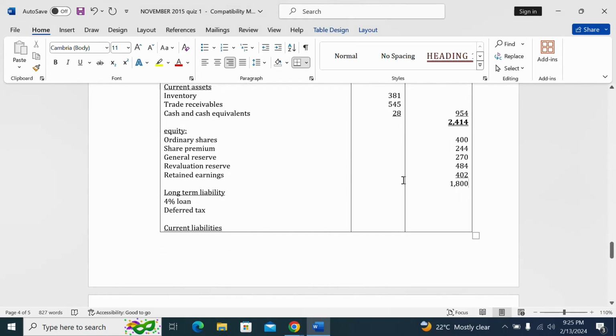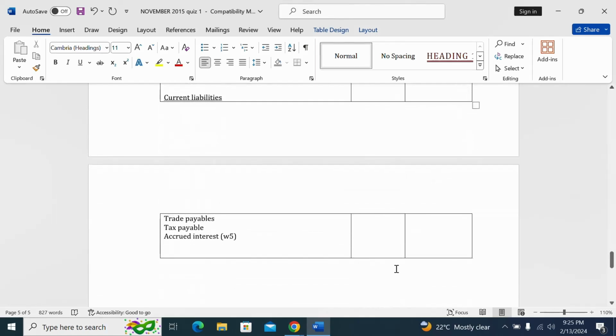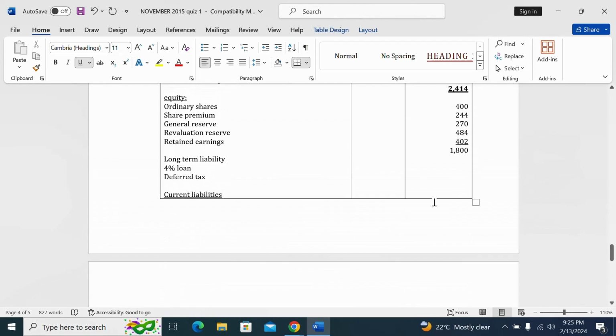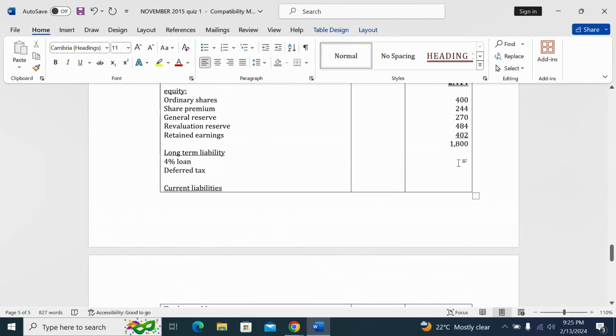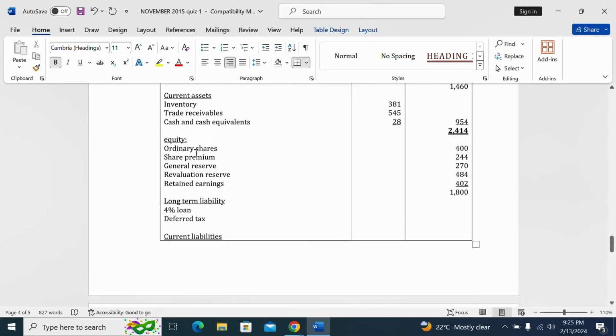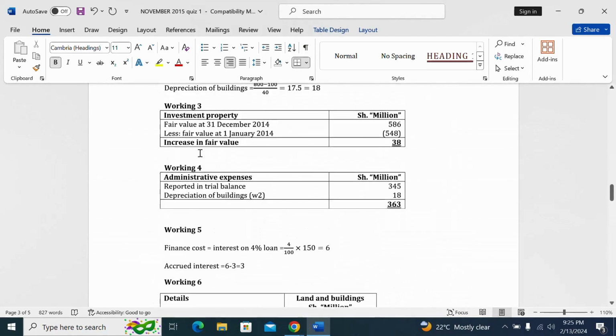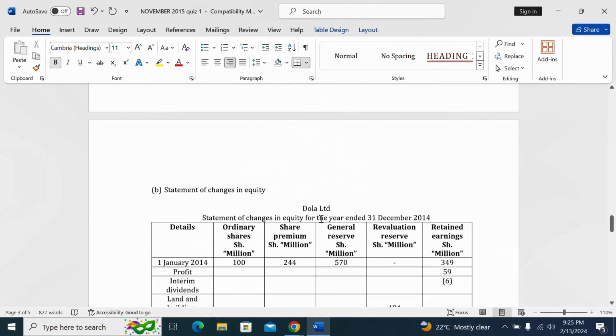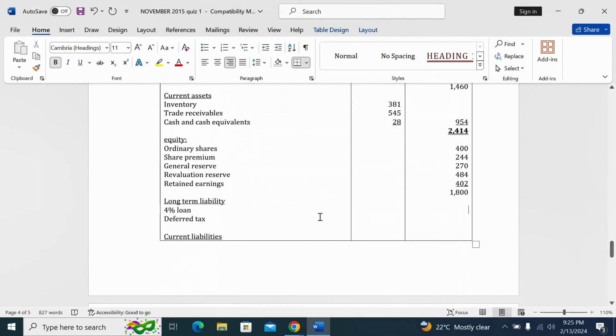Then you go to your long-term liability. You start with the 4% loan. How much was the 4% loan? It was 150.